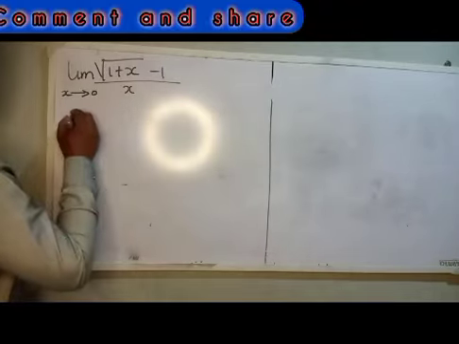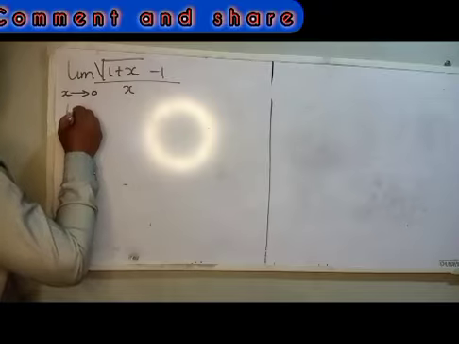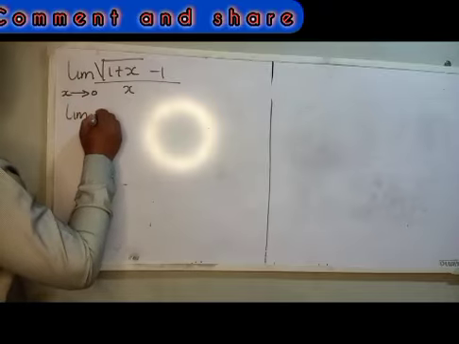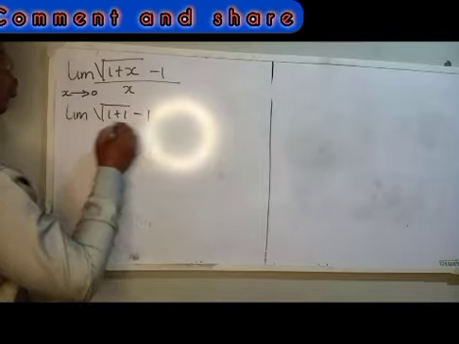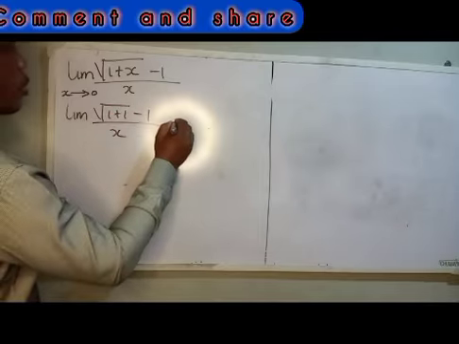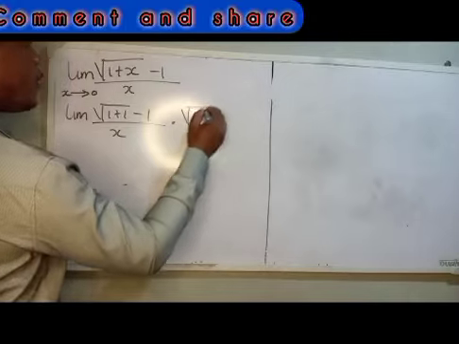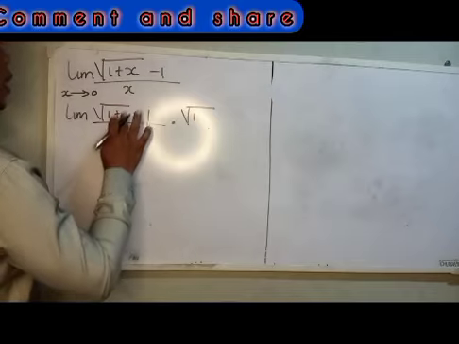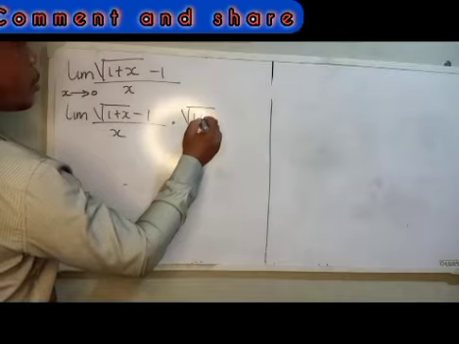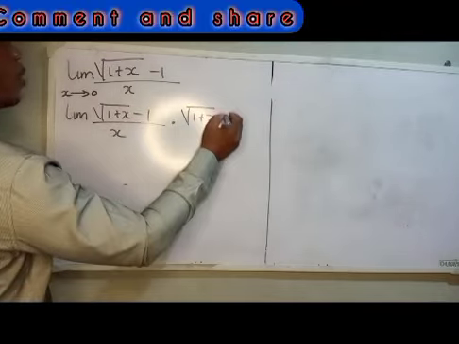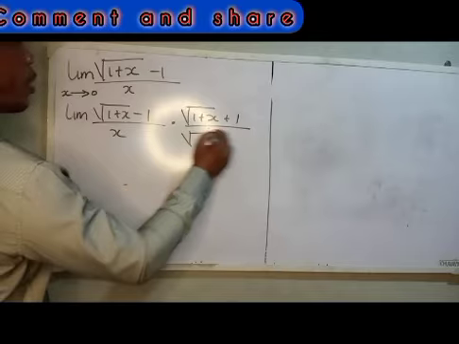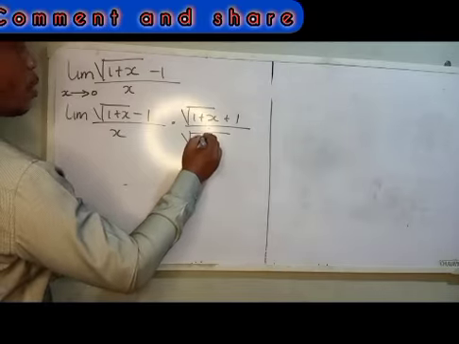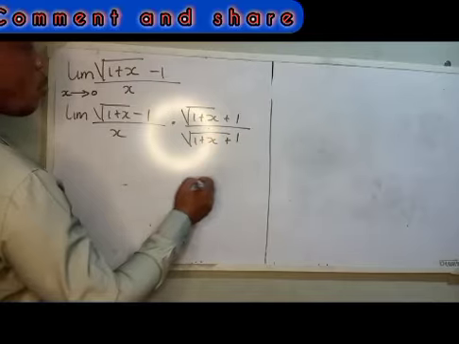And let's go ahead and do that. That will be the limit of the square root of 1 plus x minus 1 all over x, multiplied by the conjugate, which is the square root of 1 plus x. Instead of minus, you're going to have a plus, all over the square root of 1 plus x plus 1.